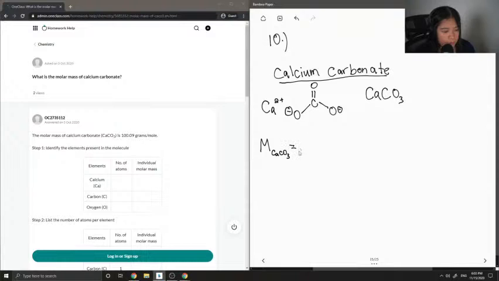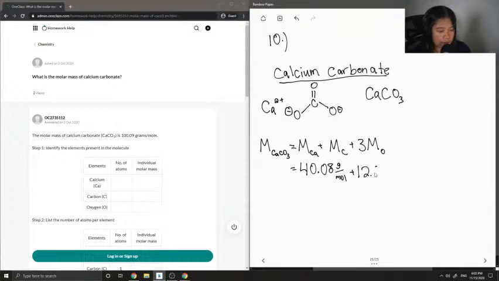First, we'd need the molar mass of calcium, the molar mass of carbon, and 3 times the molar mass of oxygen. These are the values that you would just find on your periodic table. For calcium, it is 40.08 grams per mole.